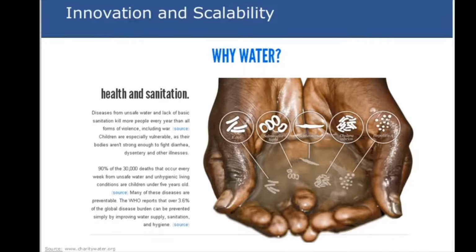At the same time, though, even knowing that that's happening, they're not shy to very clearly state what the problem is, and that is that a lack of clean water, more than wars, more than all forms of violence, is the #1 killer of human beings, and that 90% of the 30,000 deaths that occur every week from unsafe water, especially to children, are absolutely preventable.